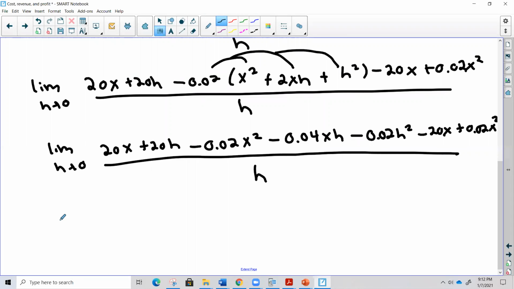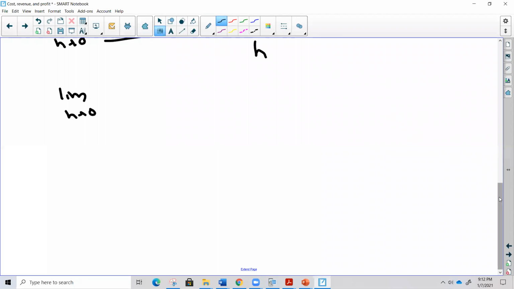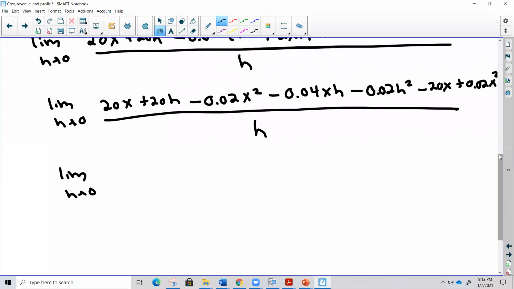h. So I'm still going to write the limit because I'm not plugging it in yet, because I still have 0 in the denominator. I need to get that h to cancel out. I am going to combine my like terms. And so what should happen, hopefully, is all of my terms that do not have an h cancel. So this 20x and I have minus 20x add to 0.